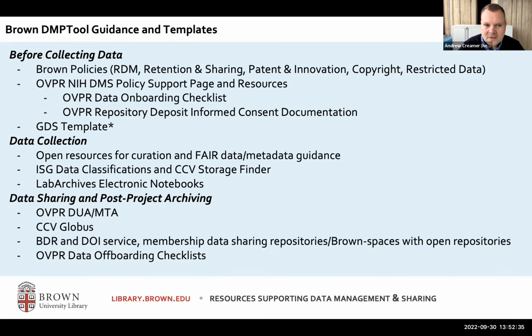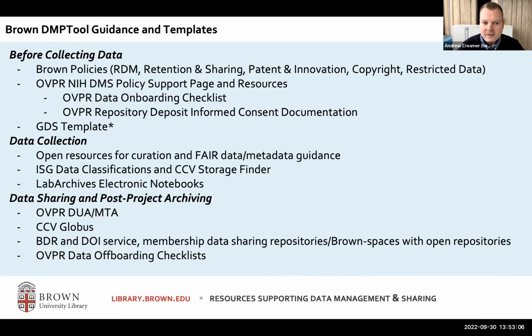You have a link to OVPR's policy support page with those data onboarding checklists that OVPR has created, the data sharing repository, informed consent for specific age groups that Ariel mentioned, and our updated DMS template. There's an asterisk: it's in the works to match the new forms for January 2023. Then we have our data collection resources.